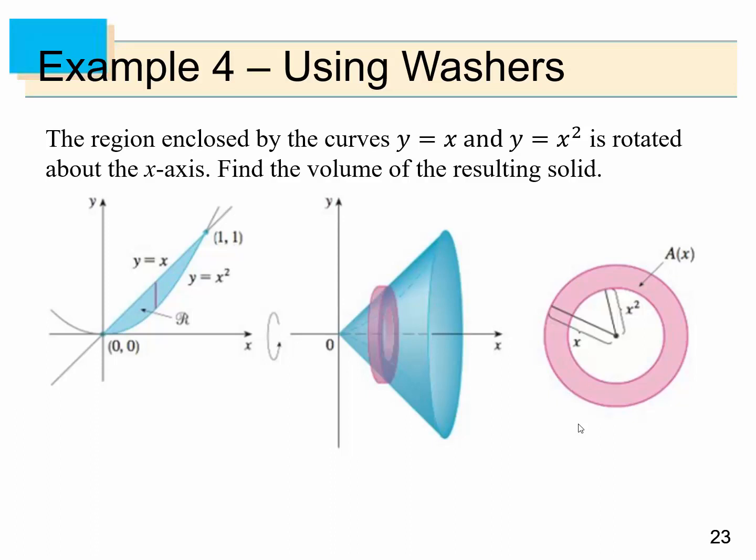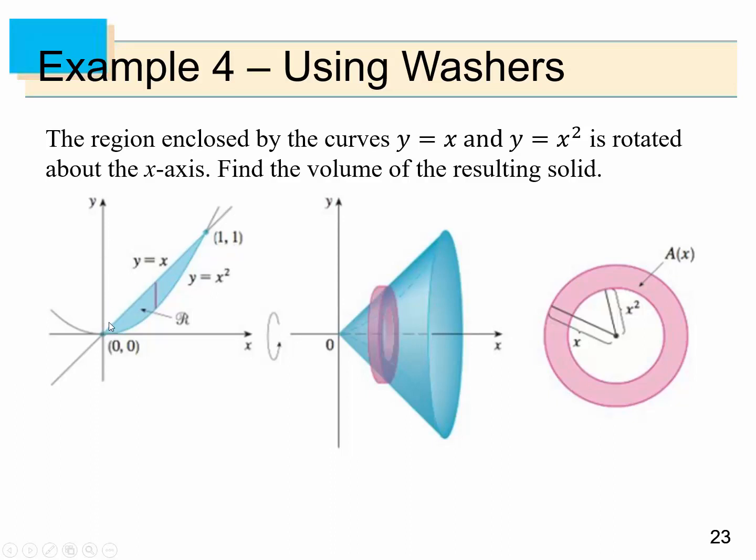But the first thing you always have to do is figure out where those two functions intersect, because if you're going to take vertical slices, where do they start and where do they stop, right? What value of x do they start at and what value of x do they stop at? If you're going to take horizontal slices, right, if we spun it the other way, so if it was spinning around the y-axis, we would take horizontal slices to get our washers, and then it would start at a y height of 0 and finish at a y height of 1.